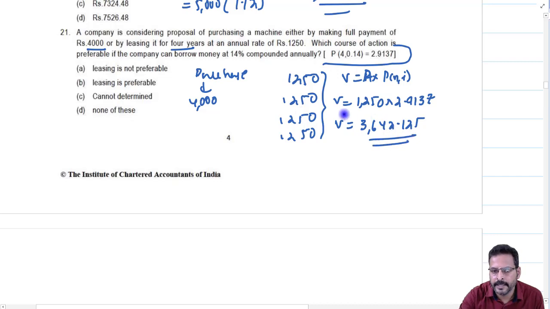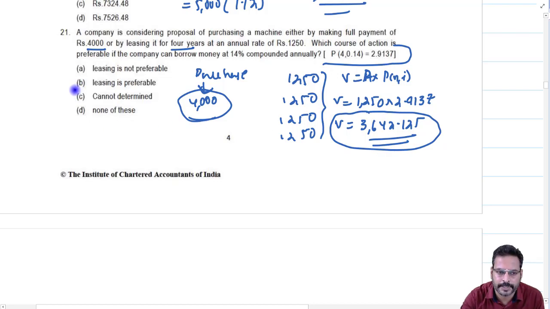So if you purchase today itself, we have to expend 4,000. If we use the other option of leasing the machinery, the present value will be only 3,642. So the leasing option is preferable to purchase. Answer B.